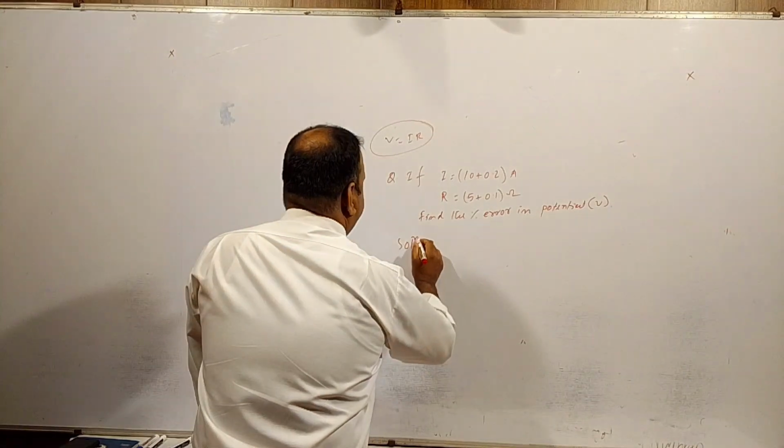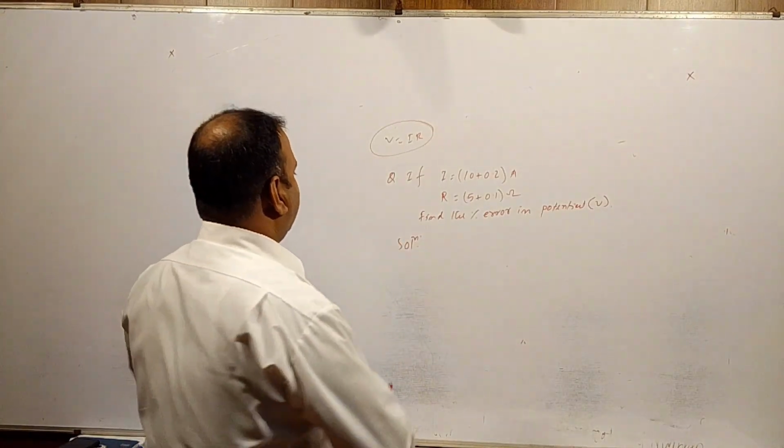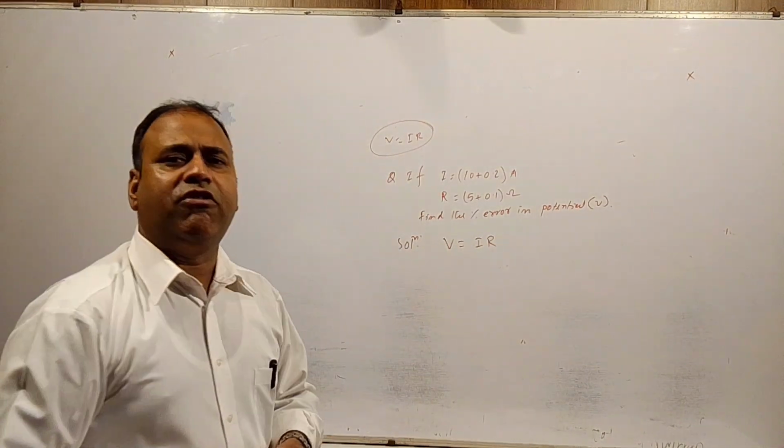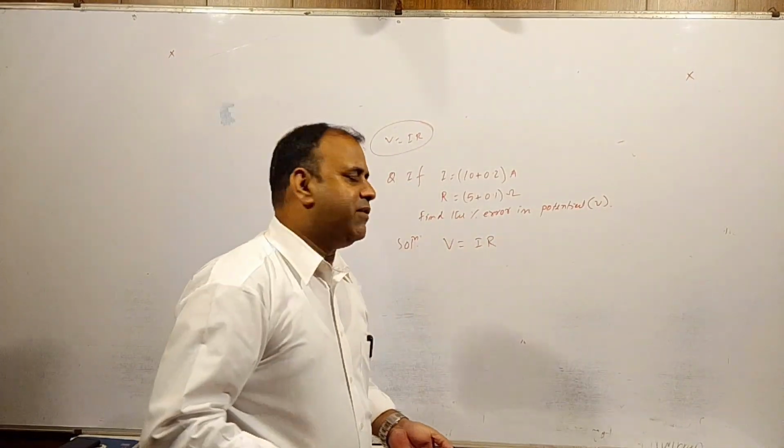Potential, as you already know, V is equal to IR. This formula you have to write in terms of relative error first.